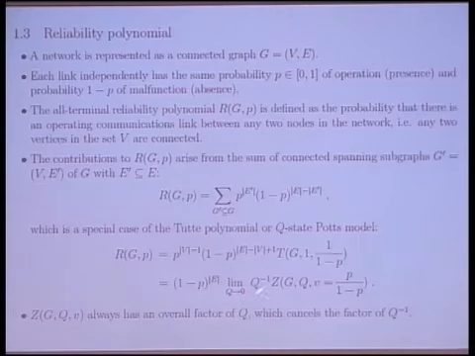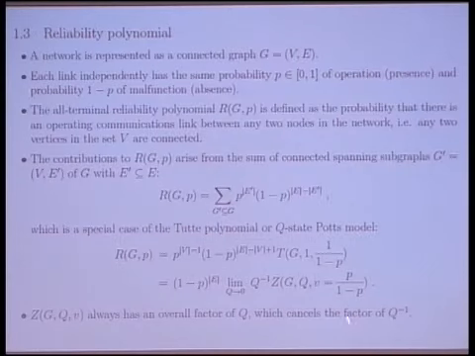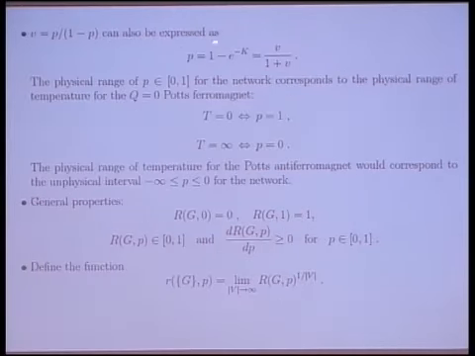Because of these limits, we may need to use L'Hopital's rule in certain calculations. And we set v equal to p over 1 minus p, a change of variable here. So the physical range of p, which is between 0 and 1, corresponds to q equal to 0 Potts ferromagnets with temperature from infinity to 0.